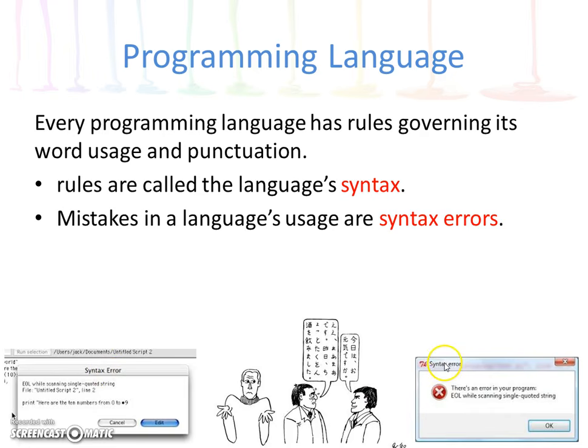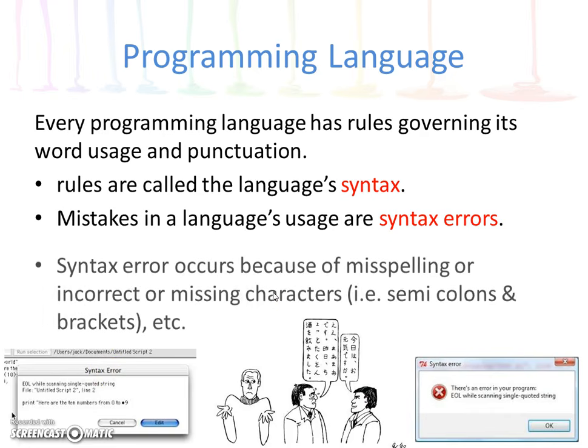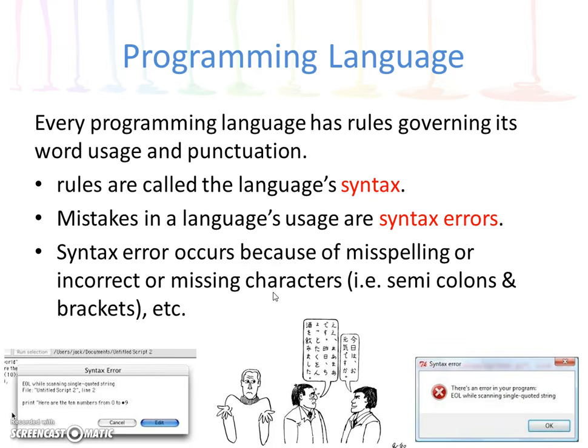Syntax errors occur because of misspelling or incorrect or missing characters, for example, semicolons and brackets. Now, your syntax must be perfect. Computers can't interpret the programming language instruction at all if it is not perfect. Computers are stupid. You are the clever one. You've got to tell them exactly what to do.